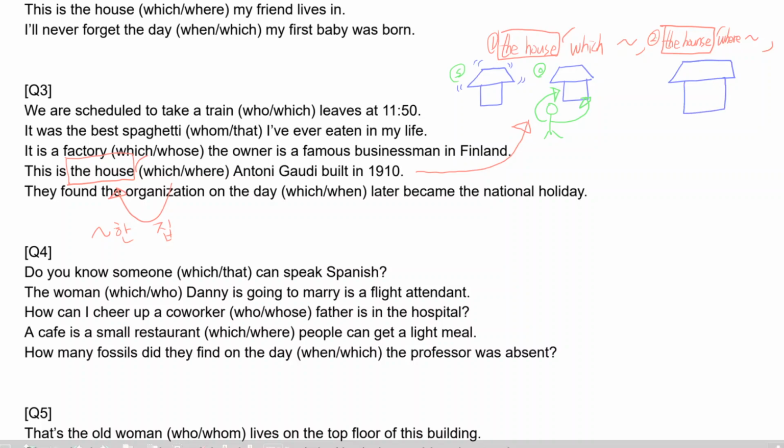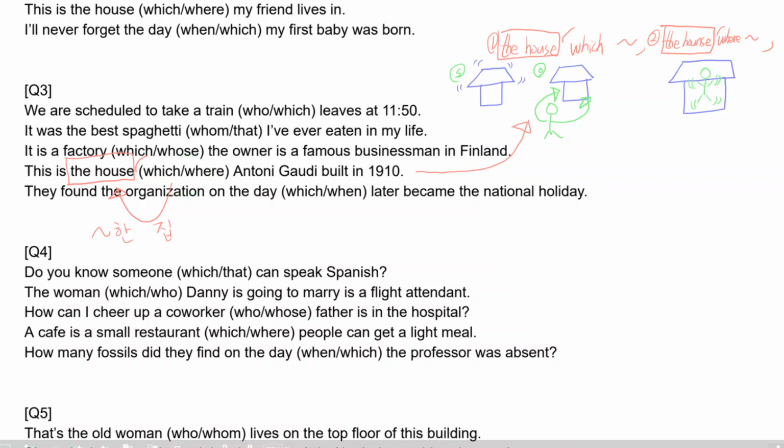This is a house and the house is the background, and then in the house something is happening. This is what "the house where" means, right? Okay. So "the house which" or "the house where" is the question here.